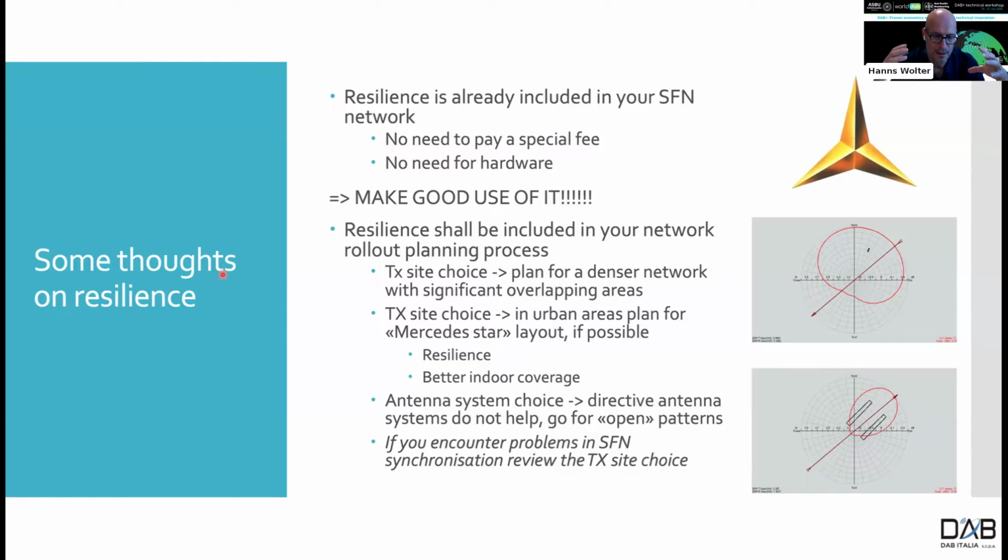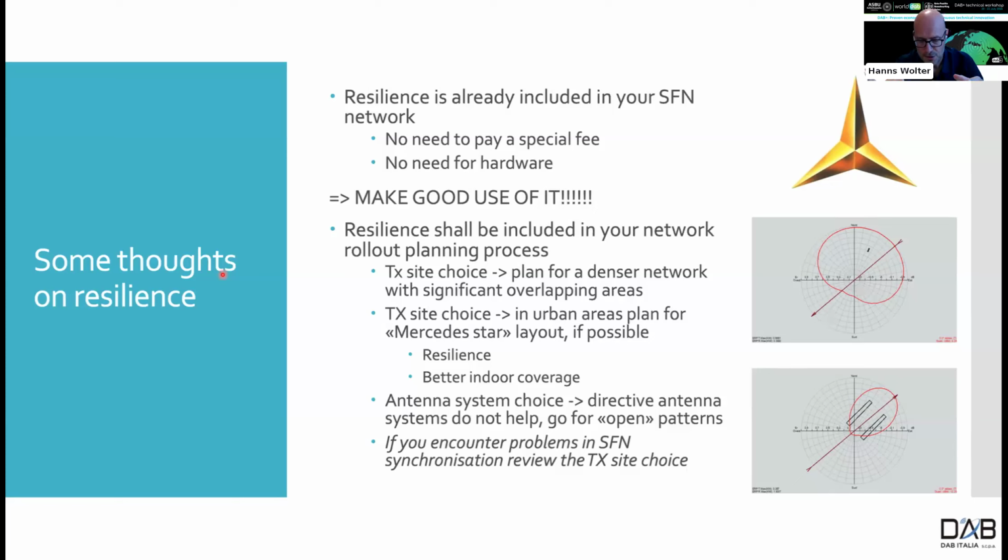So if you can have 3 transmitters around the city, you will probably get a very resilient network. You will have to pay for 3 sites, but you can maybe skip some redundancy aspects in this case, because if one of these goes off air, you will have time to restore the functionality, and most people will not notice any difference.